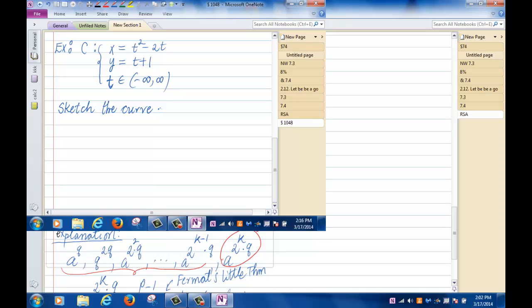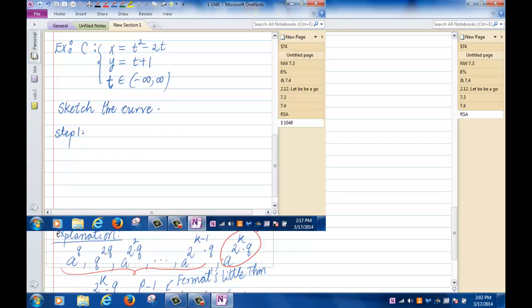Unfortunately, you are not a machine, so let's see how a human will do it. What will I do? My first step would be that I will try to eliminate the parameter t and see if I can come up with an equation involving x and y.